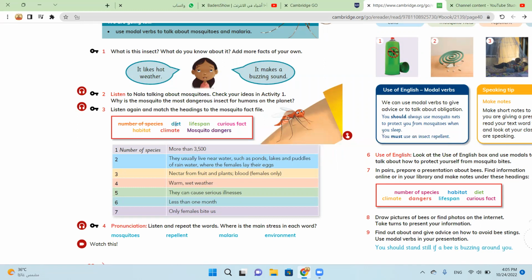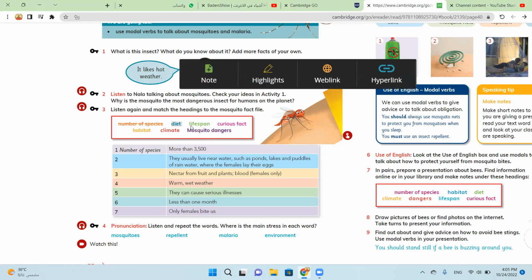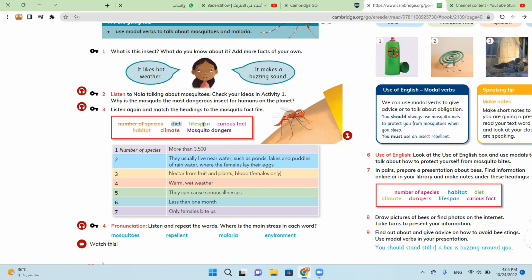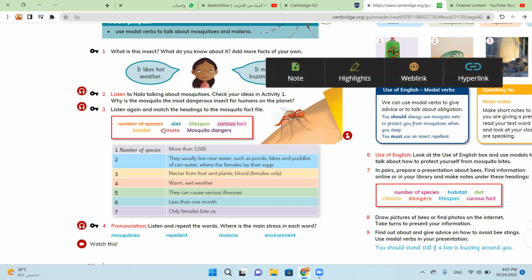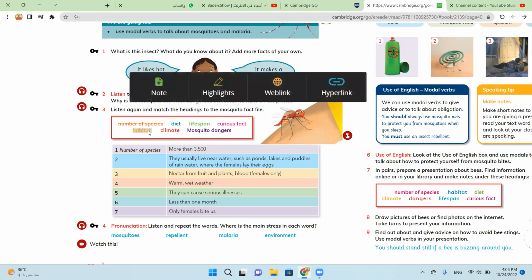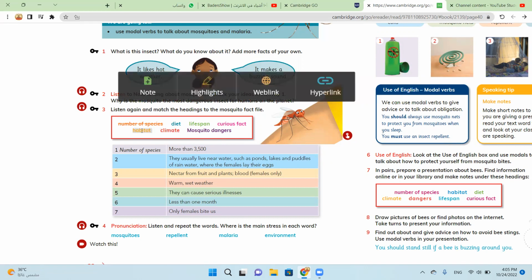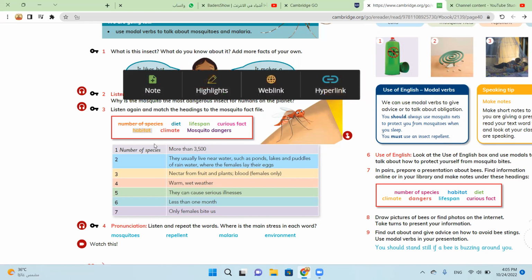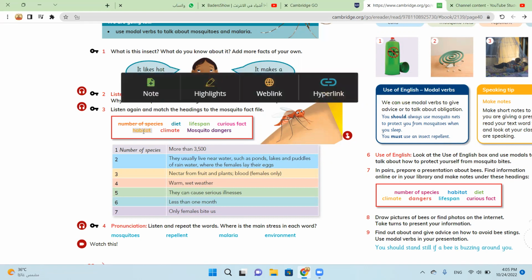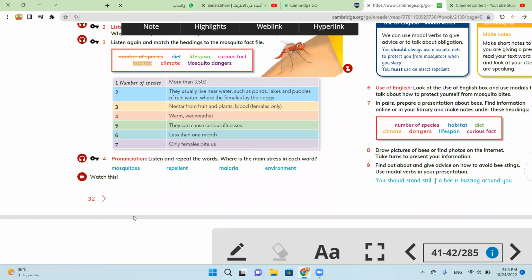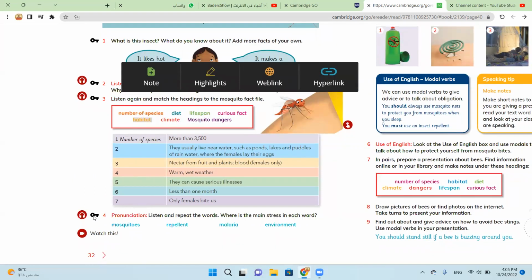And to find the suitable word, let's look at the list: diet, lifespan, curious fact, habitat, climate, mosquito dangers. So the most related word is habitat, which refers to the place or origin of these insects where they live. You can do the rest while we move to number 4, pronunciation.